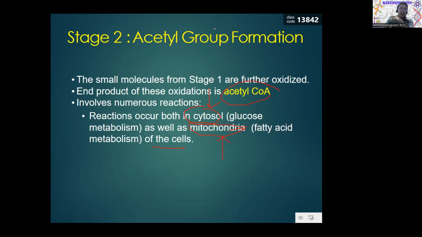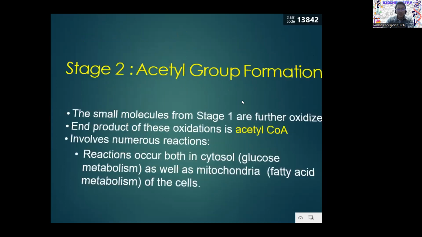But both occur in cytosol and mitochondria. So hindi lang yan ganun kasimple na from monosaccharide, magiging acetyl-CoA na siya. Hindi rin from amino acid, magiging acetyl-CoA kaagad. Hindi from fatty acids, magiging acetyl-CoA kaagad. There are certain reactions involved to form the acetyl group or acetyl-CoA. Mamaya makikita niyo yan.